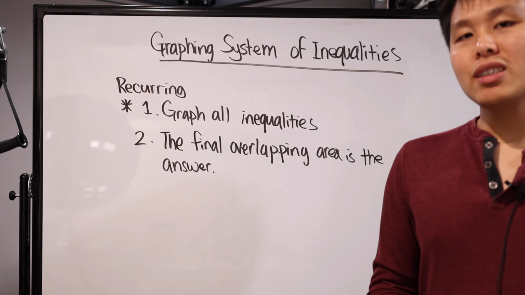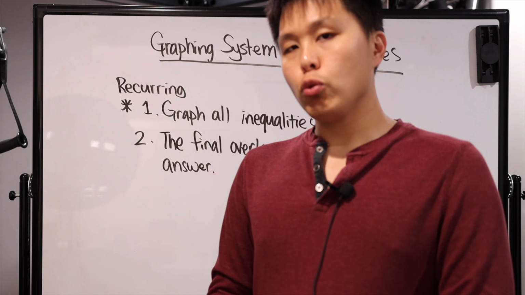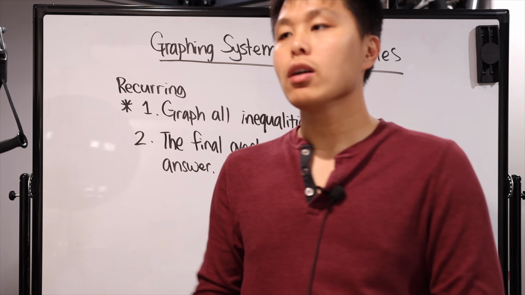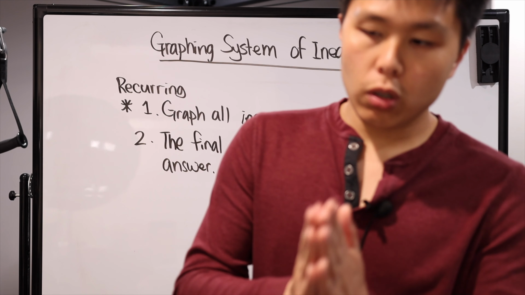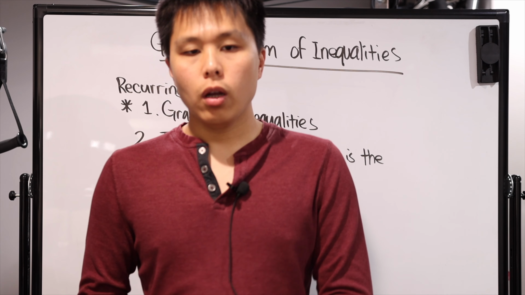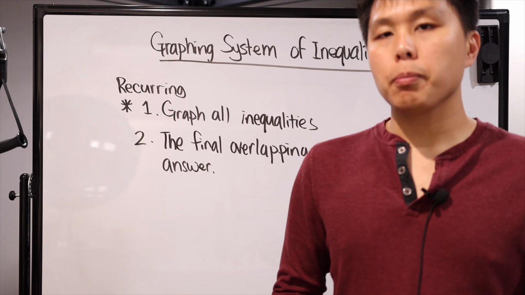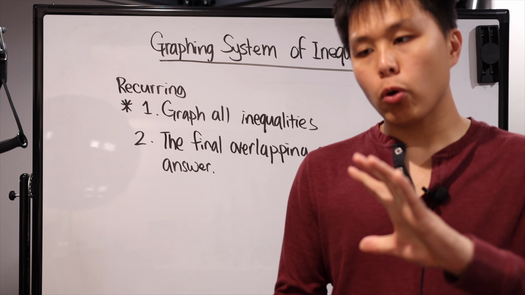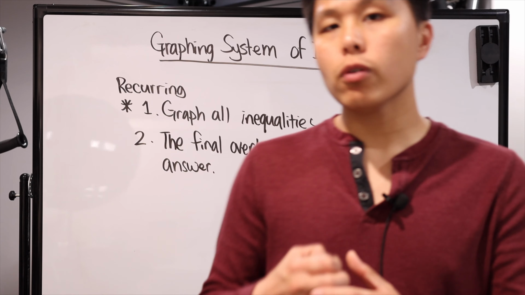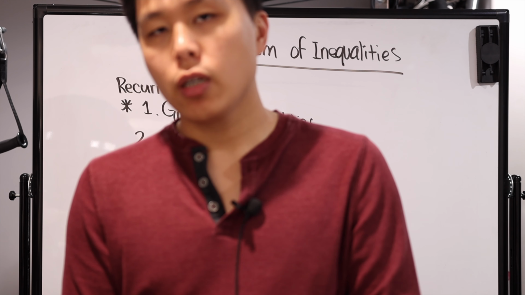A system of inequalities is very different because if you recall graphing inequalities, and if you haven't seen that video, check it out, you're shading an entire range. So you have the possibility of multiple inequalities with different regions that overlap.